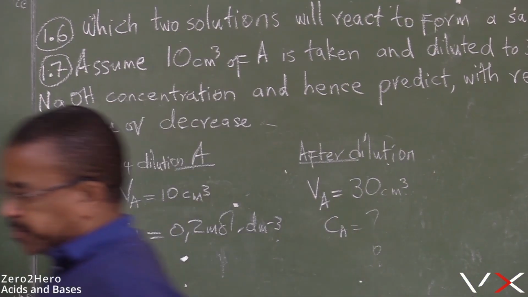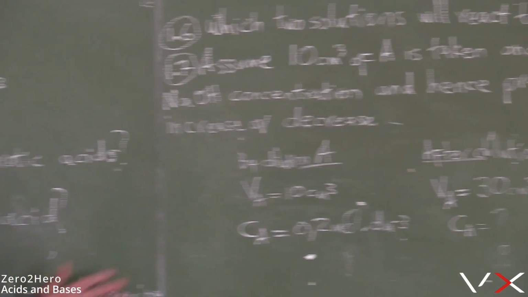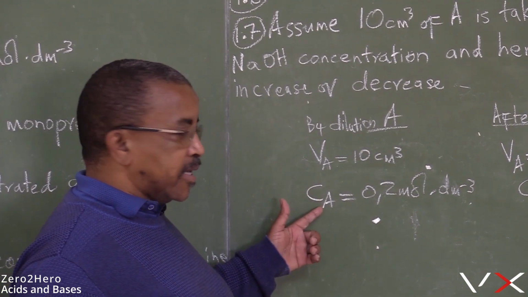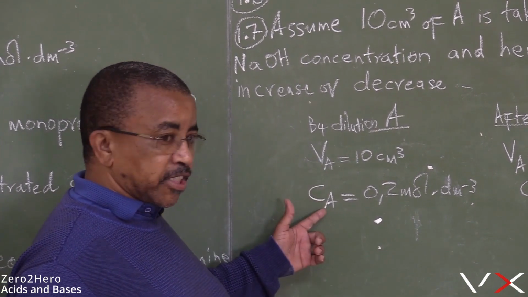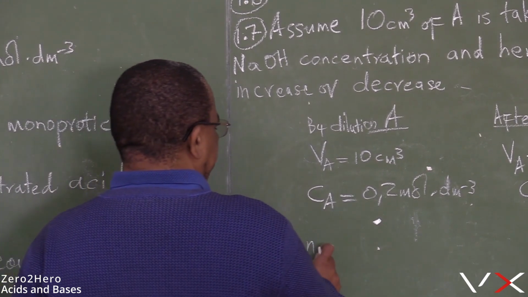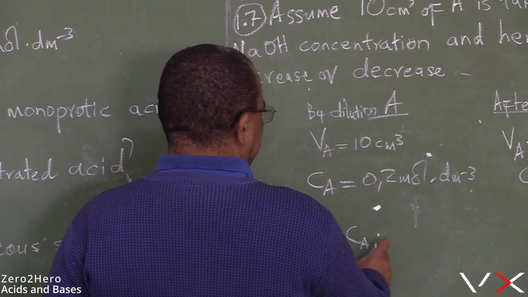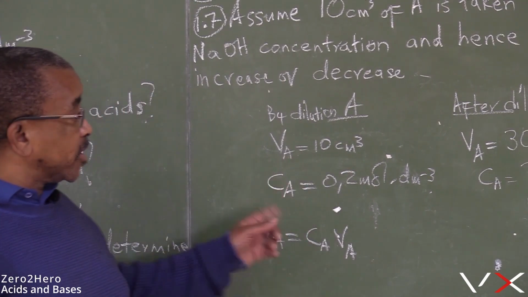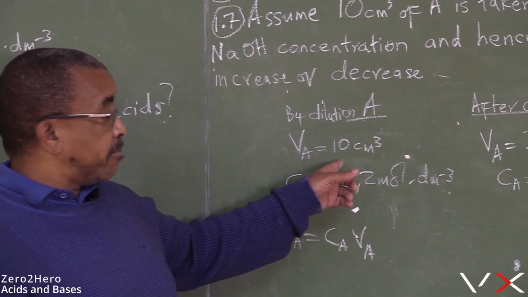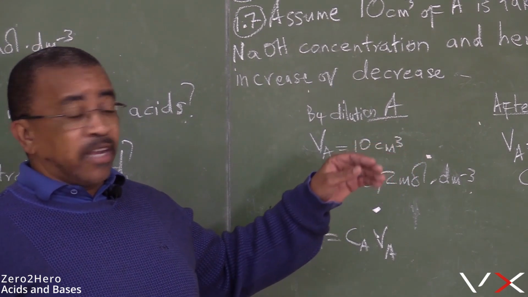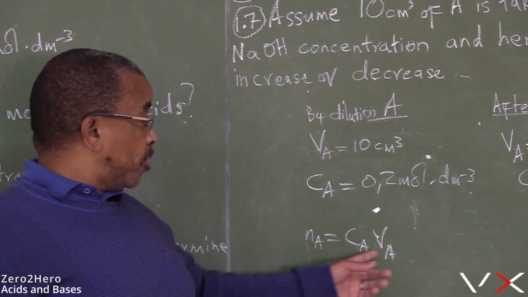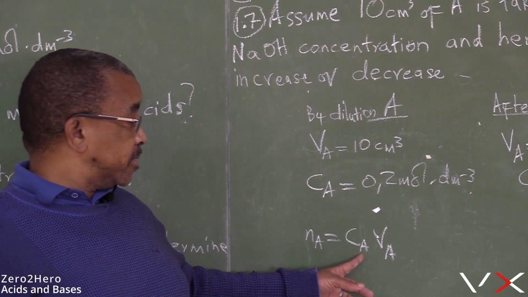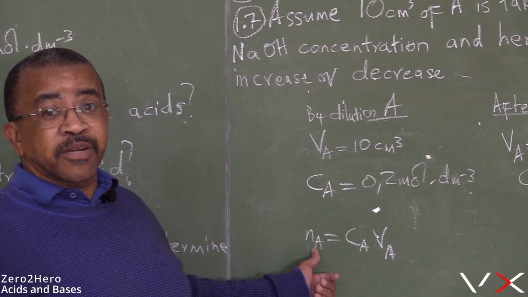Now listen to this one. We know before dilution we have the concentration of A and the volume of A, which means we have the number of moles of A. But listen to this one. The same solution is diluted, so the volume changes. When the volume changes, the concentration will change, as long as the number of moles remains the same.